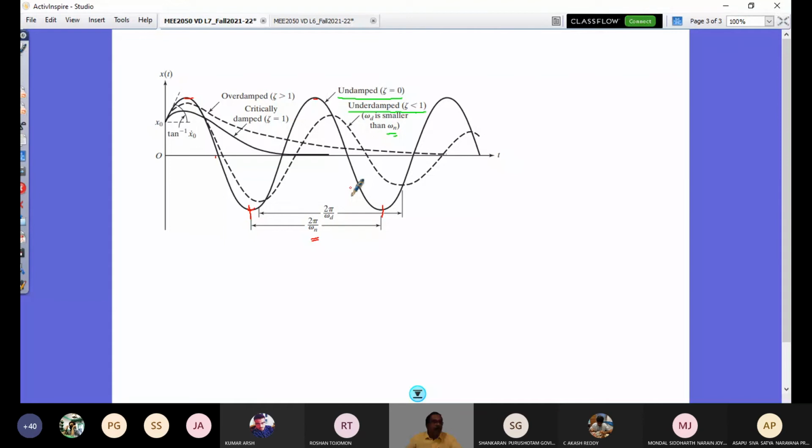And you see, it is natural log of exponential function. So log of exponential power is simply going to be zeta omega n into tau d, which is my delta. So I could define now my logarithmic decrement like this, and that's going to be zeta omega n.